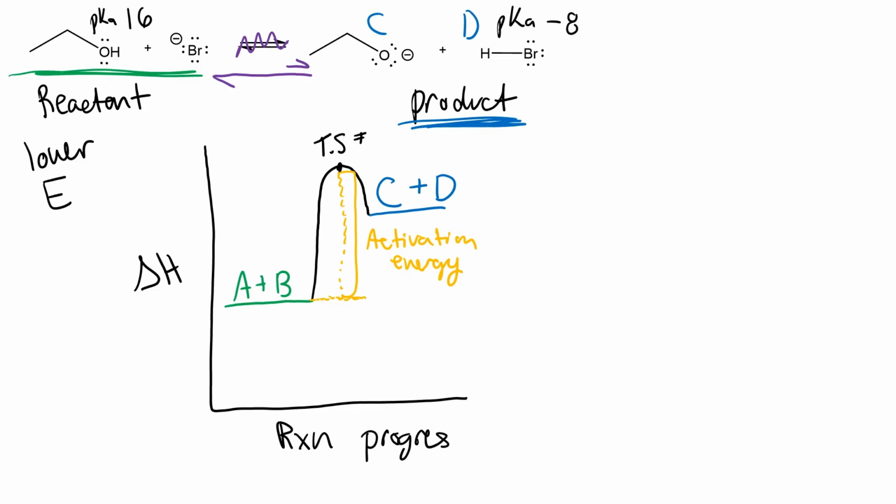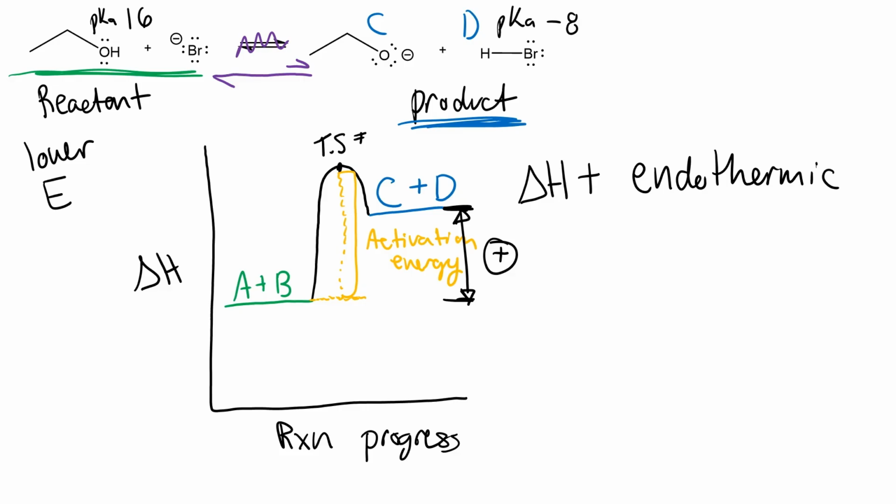You must label your axes. When we have our products sitting higher in energy than our reactants, like we do here, delta H is positive, because the difference between here and here is positive. We call this endothermic.